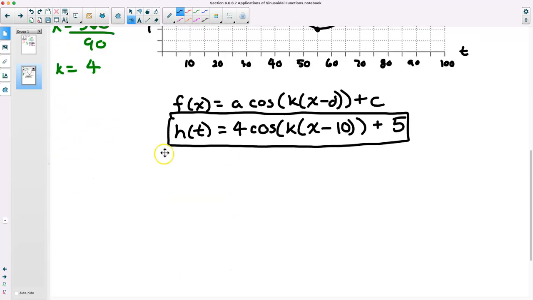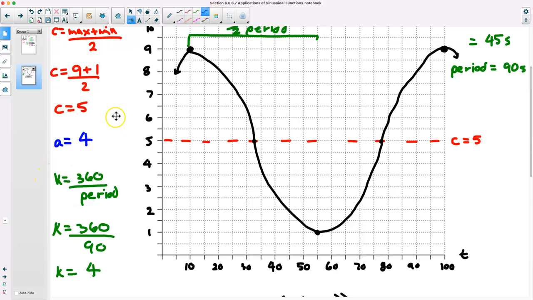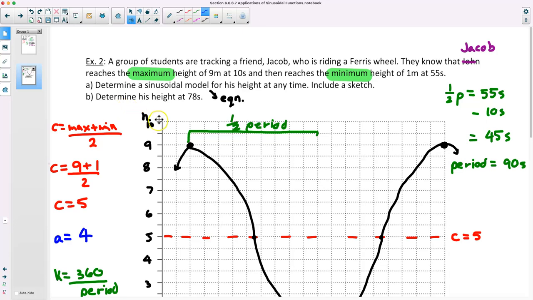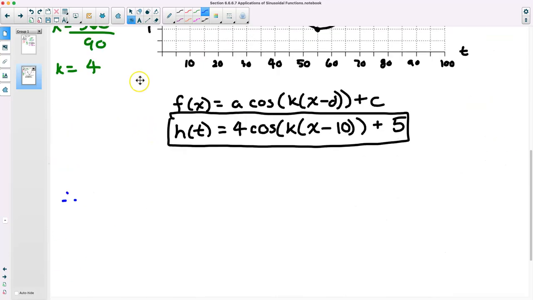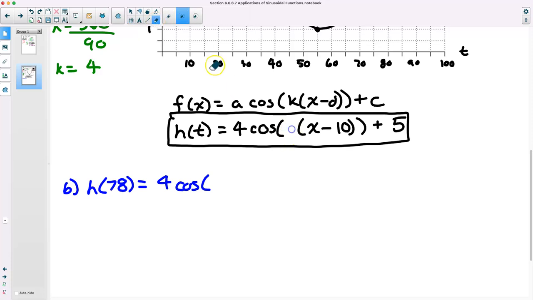Part B is asking us to determine the height of Jacob at 78 seconds. So based off our model here, we're going to find out what this height is at a t of 78. So we have 4 cos, oh, that's my mistake. That k here is supposed to be 4.